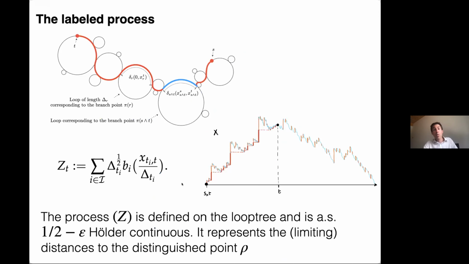So formally, for every loop of your loop tree, you sample a Brownian bridge of the corresponding length. This gives you the variation of your labels along a loop, and then you glue that together along the loop tree structure. You have to be a bit careful, of course, because you glue infinitely many loops and so on, but you can do that.